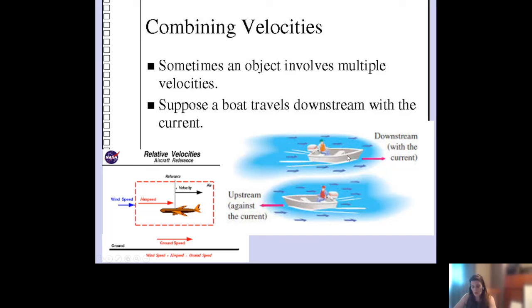So even though the boat might be thinking it's going a certain speed, it's also going the speed of the river. When you are in a boat and you have to go against the current, you know that your motor's going to have to work harder. Your speed relative to the shore is going to be the speed of the boat minus the speed of the river. So let's take another look at that.